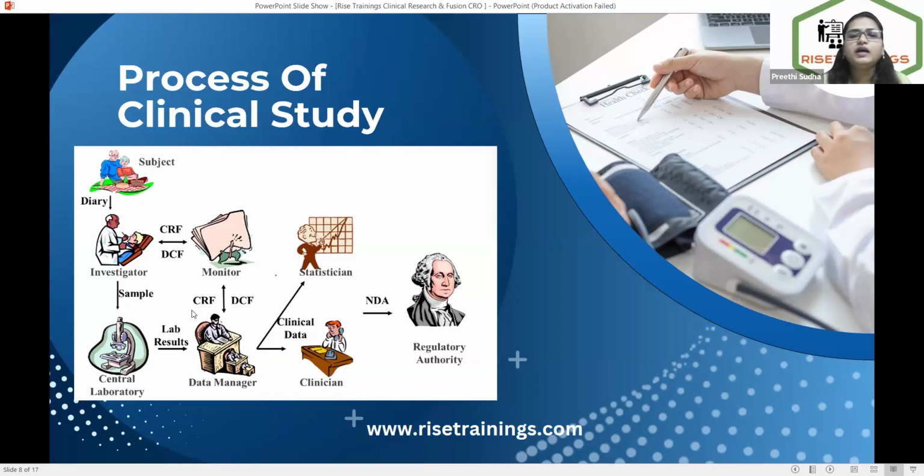The information from both goes to the data manager who handles the complete clinical trial data. Okay, so from the clinical data manager, he distributes the information needed for the statistical work to the person called the biostatistician.